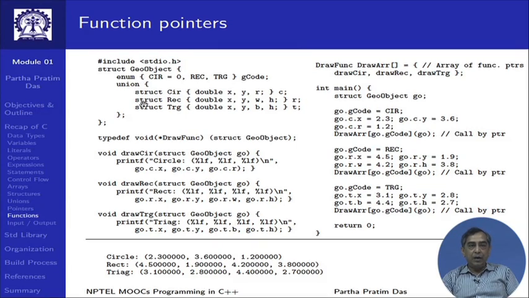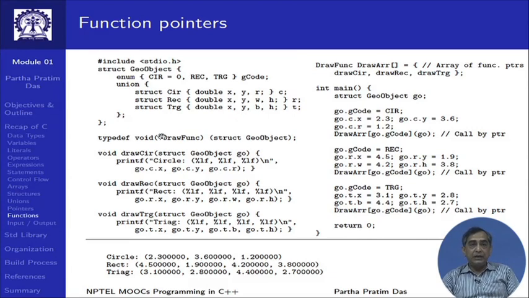You can see that we have a union of structures, and then a structure containing that union and an indexing code to understand what that union has. In C programming, this was a very common paradigm, and we will use this example later in C++, as I said, in the context of inheritance, and show how in C++ this can be done a lot more efficiently.